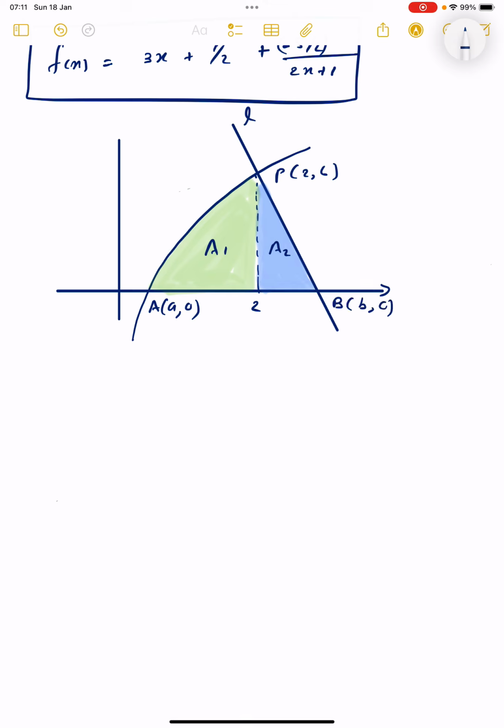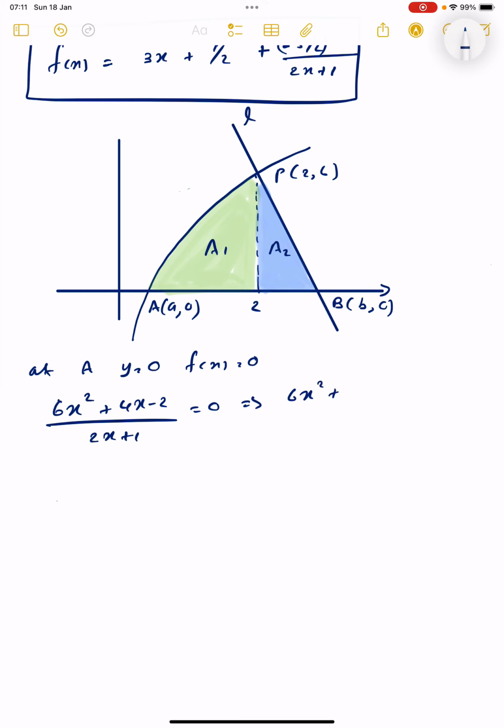So at A, y equals 0, which means f(x) is equal to 0. So take the equation of f(x), (6x² + 4x − 2) divided by (2x + 1) equals 0, which means the numerator should be equal to 0. So this gives you 3x² + 2x − 1 equals 0.